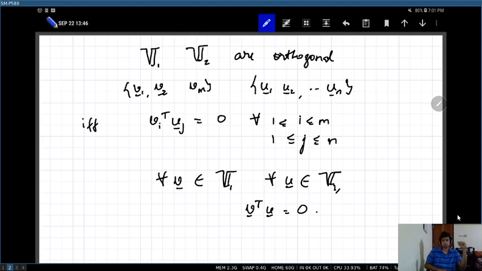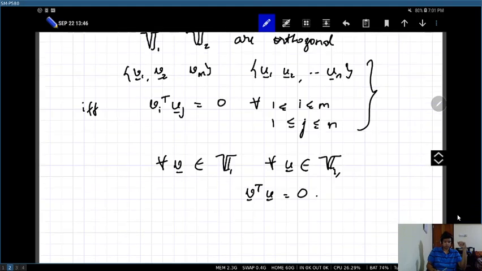So this is an exercise. Basically if this property is satisfied, so the basis vectors of V1 are all orthogonal to the basis vectors of V2, then every vector in V1 is orthogonal to every vector in V2, right? Okay, so that is fine.